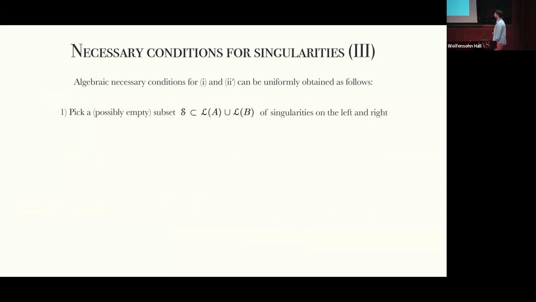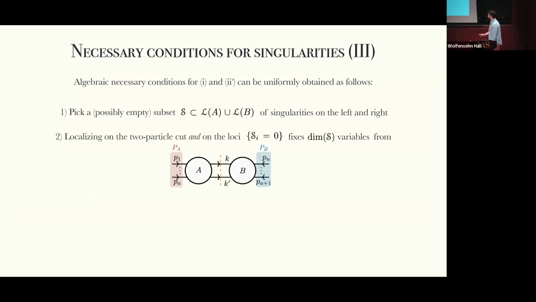And yeah, so at this point, we can find algebraic necessary conditions for these two conditions to find the singularities of the Feynman graph, and they can be obtained uniformly as follows. So the first thing we need to do is to pick a possibly empty subset S of singularities on the left and on the right of the cut.